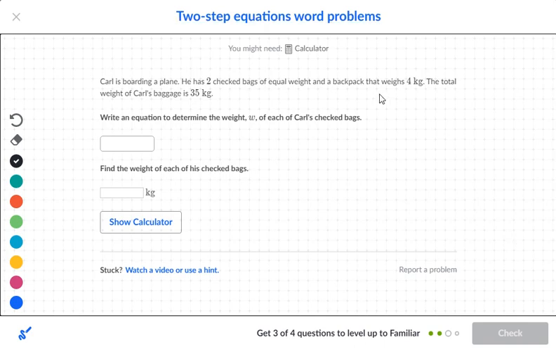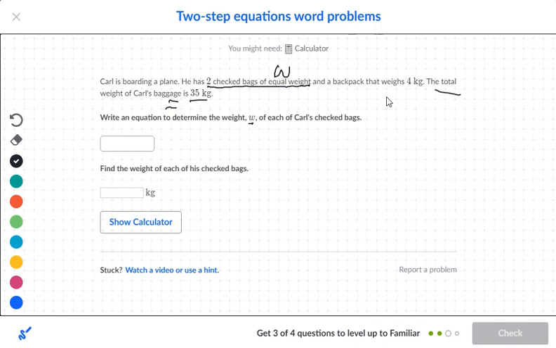So let me put this in perspective for you. Now, I'm looking for words like each and that, and I'm not seeing it on this one. However, I see a total is 35. So I know that's what it's going to equal to. Now, you have 2 checked bags that have equal weight. So that is your W. So we're going to have 2W.